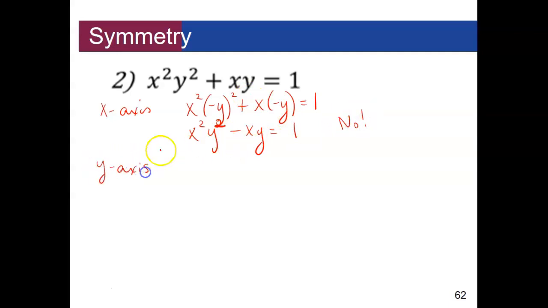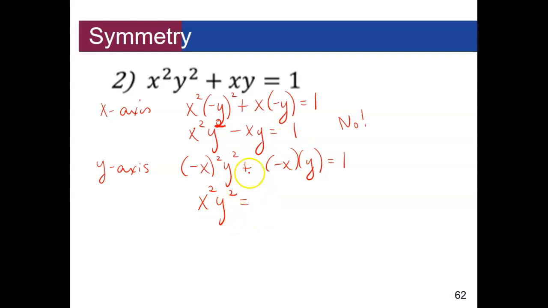For y-axis, we're going to substitute negative x for x. A negative raised to an even power is positive. Here we have a negative. This one doesn't match either, so it does not have y-axis symmetry.